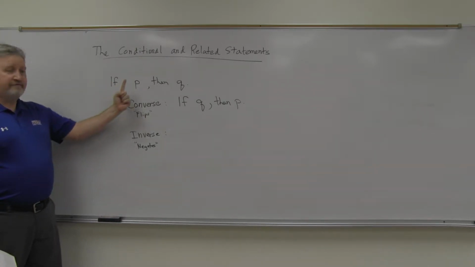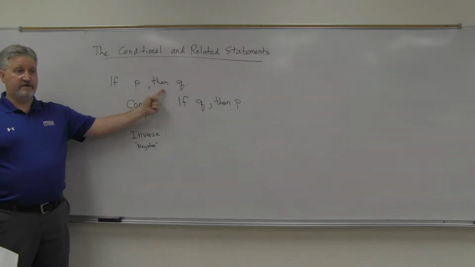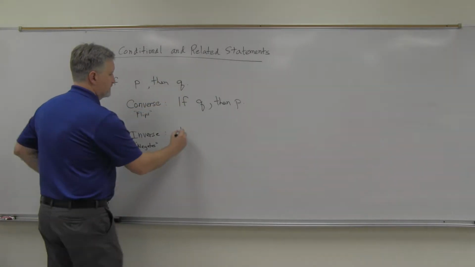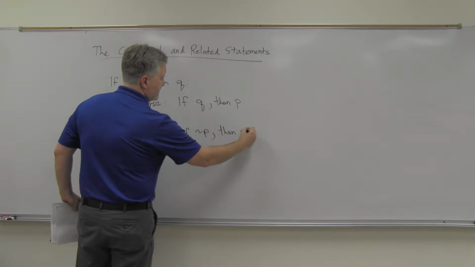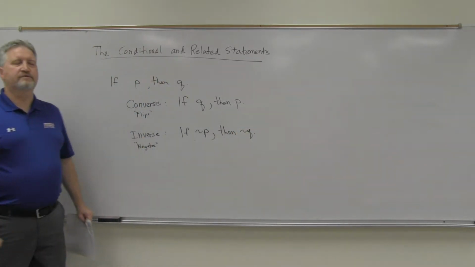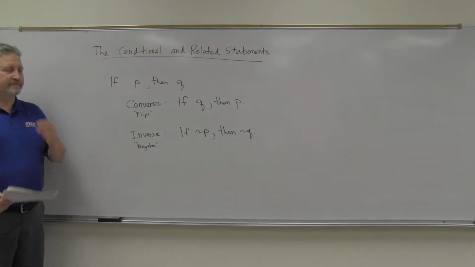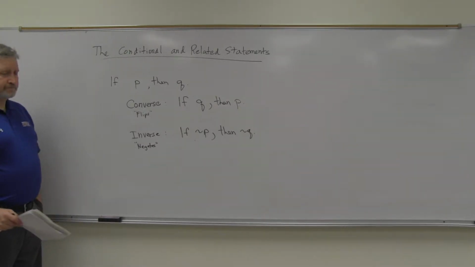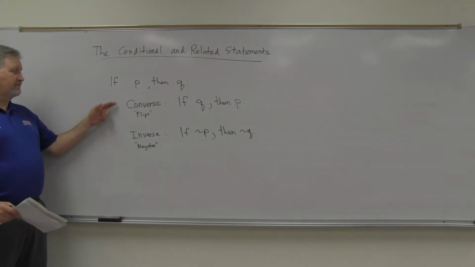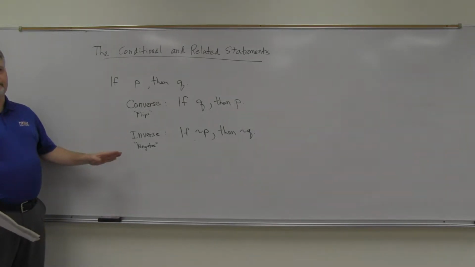So if not P, then not Q. And we'll do an example with words, because that's what they'll have you do on our examples there. Okay? So converse flips, inverse negates.